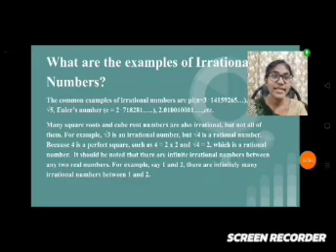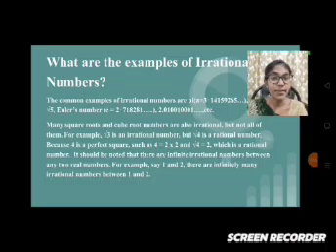What are the examples of irrational numbers? The common examples of irrational numbers are pi, that is, pi equal to 3.1415925, and √2, √3, √5, and Euler's number, that is, e equal to 2.718281, etc. Many square roots and cube roots are also irrational, but not all of them.